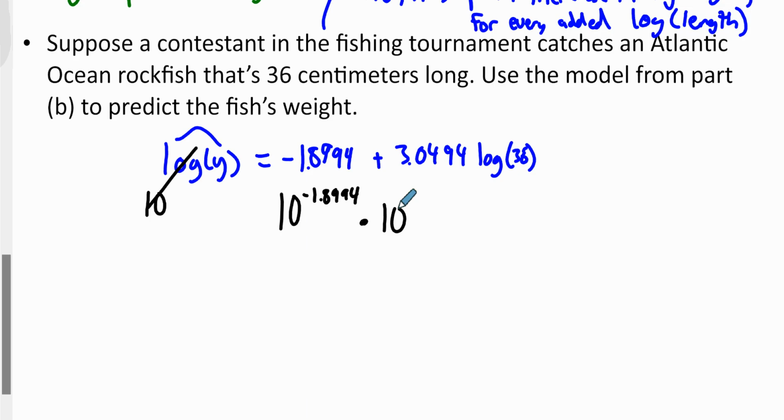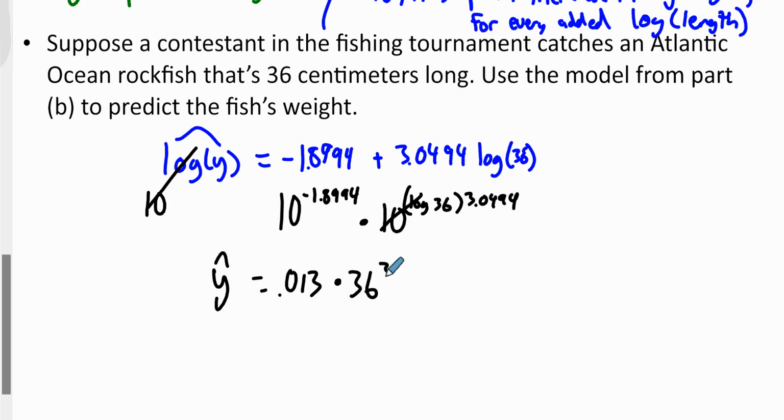So I'm going to, like we did earlier, put that log 36 with it so I can cancel that out and leave the 3.0494 on the outside. That gives me y hat equals this value, which, if I plug in my calculator, is 0.013 times 36, my new base, to the 3.0494 power.